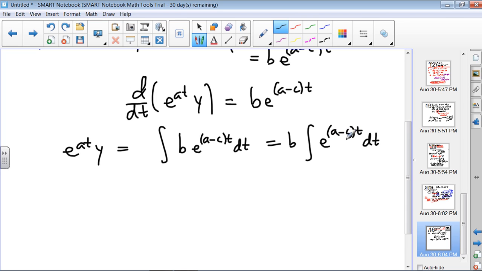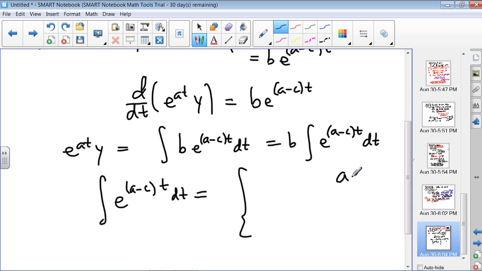Then the thing we're integrating is just the integral of 1. However, if a is 5 and c is 2, then we'd be integrating e to the 3t. So depending on what a minus c is, we get a different function. We have to take that into account. So we're going to say that this integral is different depending on whether a equals c or a is not equal to c.